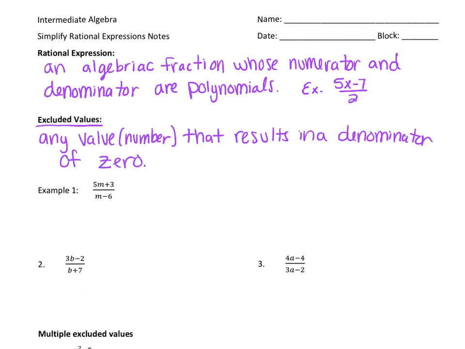So with a fraction, if you remember, we never want a 0 in the denominator because that makes it undefined. So we always want to avoid any number that's going to cause that denominator to be 0.